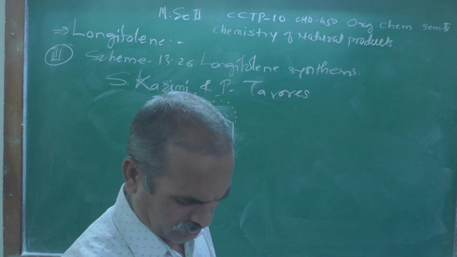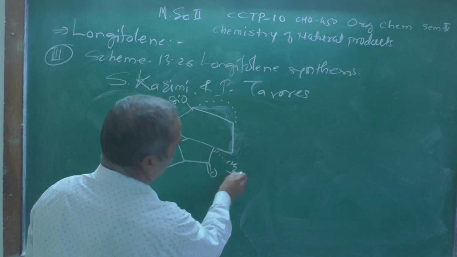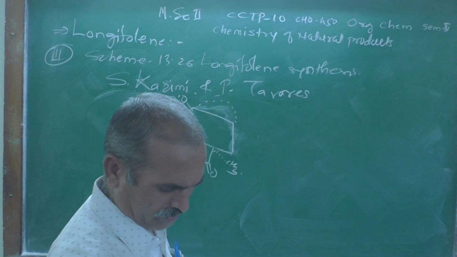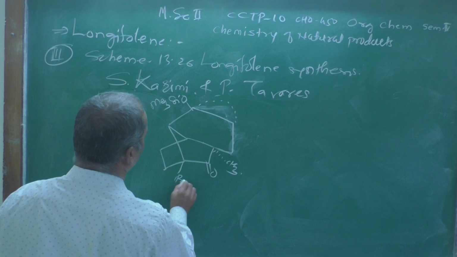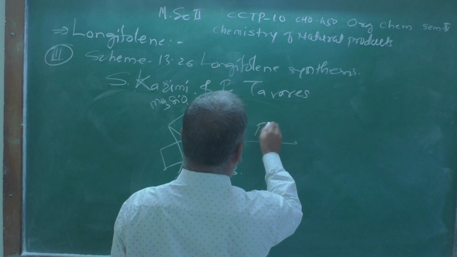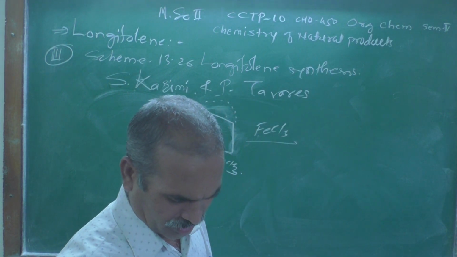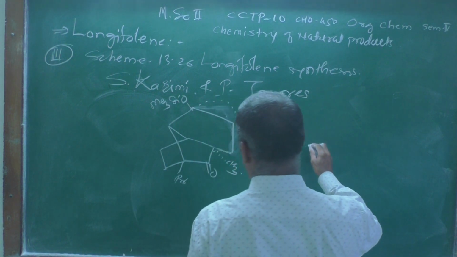Ring expansion is carried out over here. Here is a methyl group CH3 and here is a Br. Ring expansion is carried out in presence of FeCl3 and we are going to get the product like this.